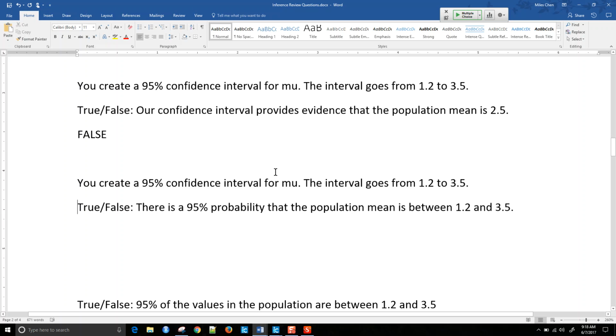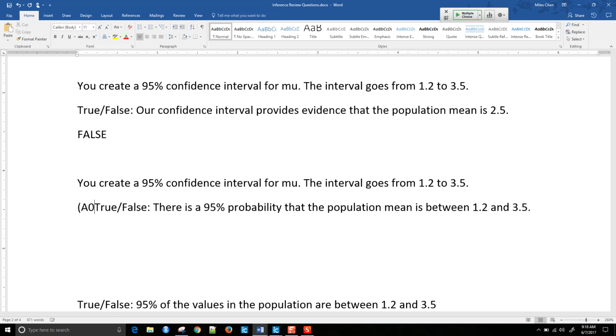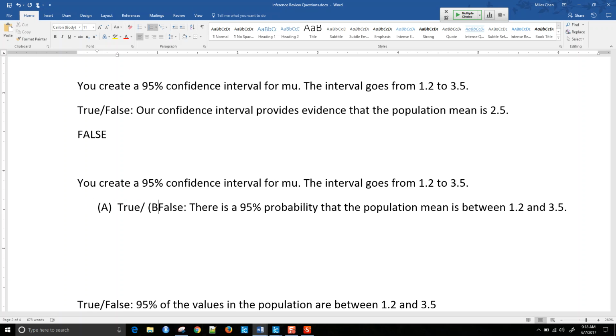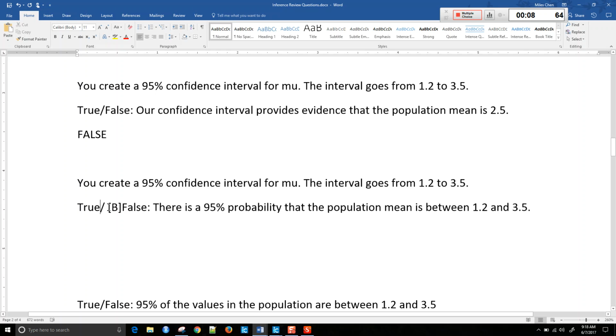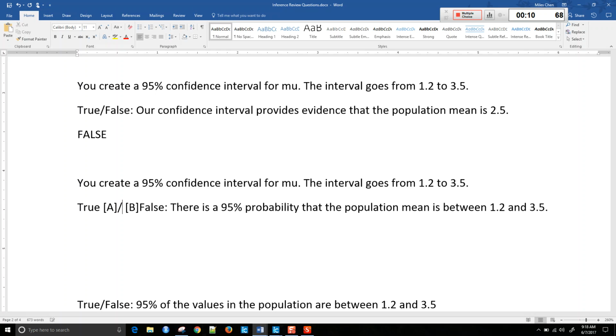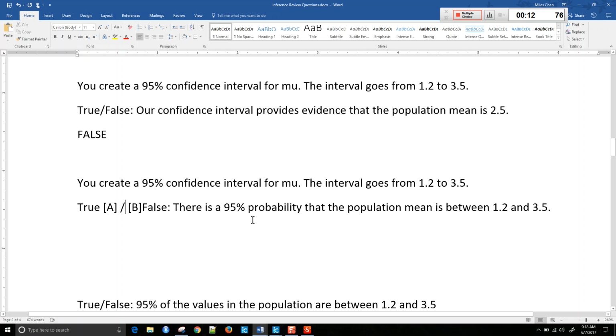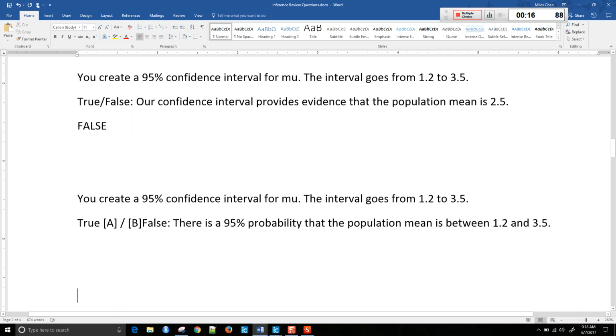We'll do a clicker question for this one. Okay, so for this one, about the 95% probability. Confidence interval.